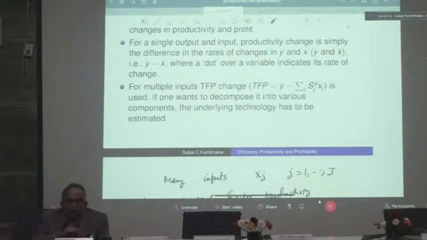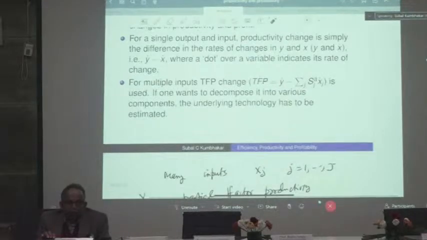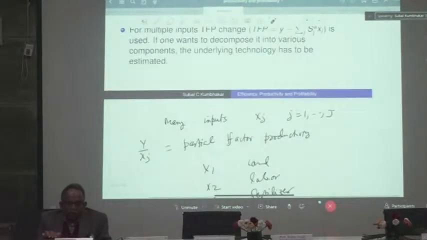We have seen that that is not possible in a simple illustration in terms of the graph. Now we want to show what is going to happen when you have multiple or many inputs, right? So we want to know those types of things. That means we want to decompose productivity change into various components, and you will see what those components are.